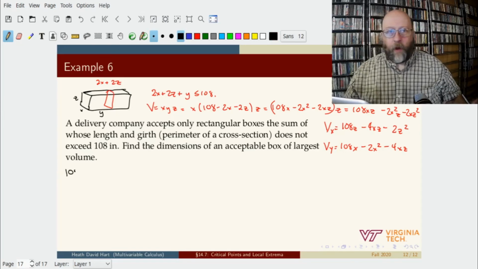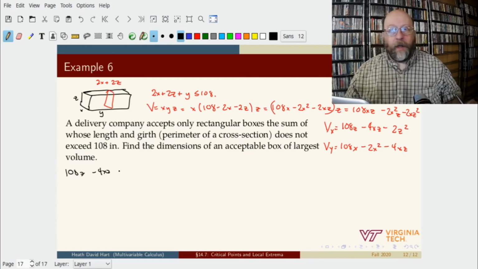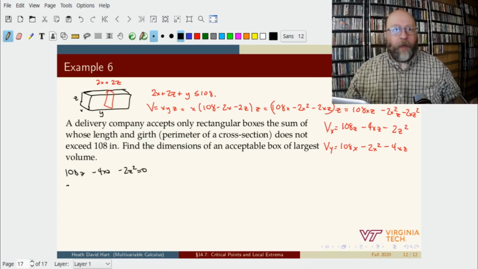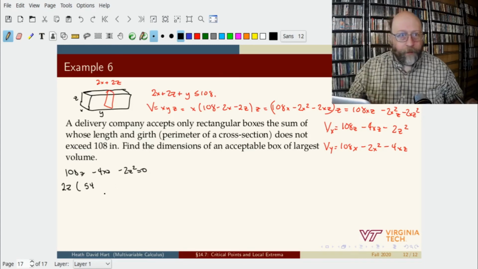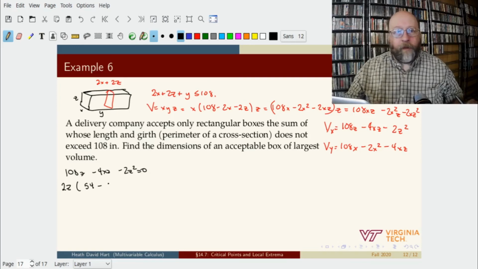So we get 108z minus 4xz minus 2z squared equal to 0. I could pull out a 2z, and I'm left with 54 minus 2x minus z equals 0.